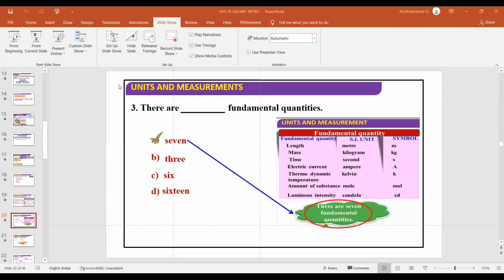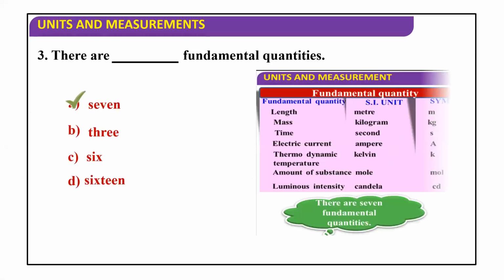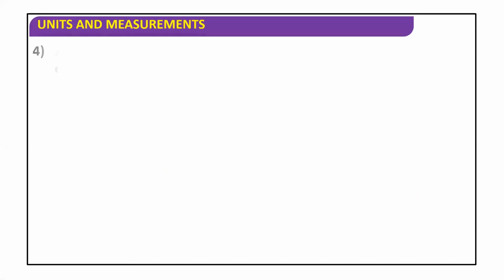Okay. Now I'll reshare it. So I think all are clear up to this. There are 7 fundamental quantities.